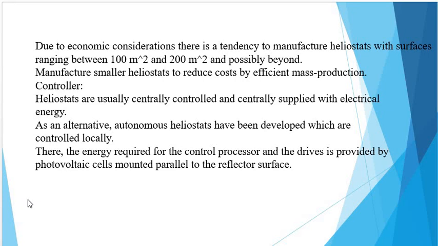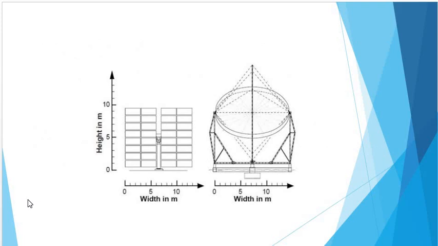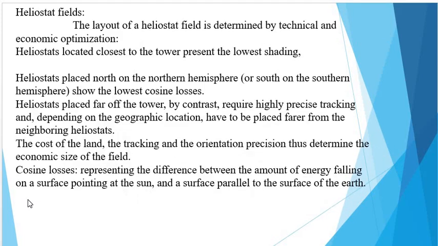Smaller heliostats can be used to reduce the cost by efficient mass production. Heliostats are usually centrally controlled and centrally supplied with electrical energy. The energy required for the control processor and the drive is provided by photovoltaics mounted parallel to the reflector surface. This is an example structure of the heliostat.